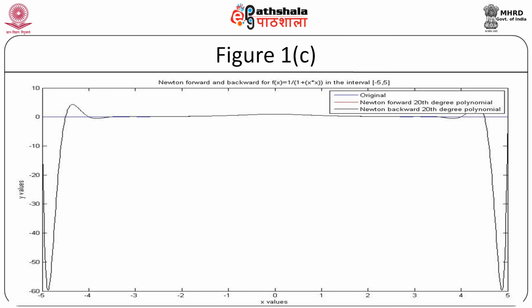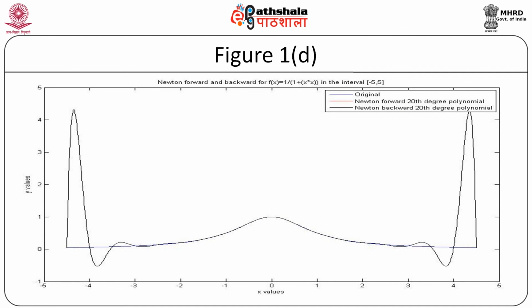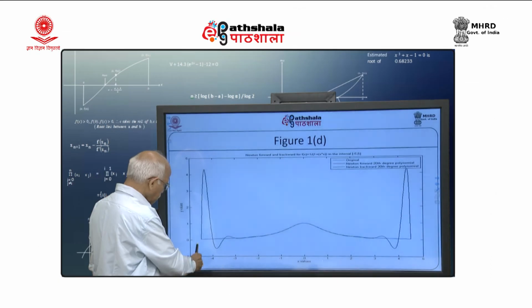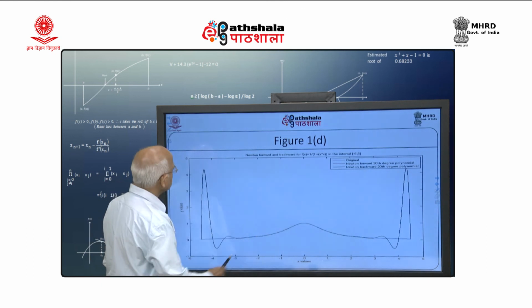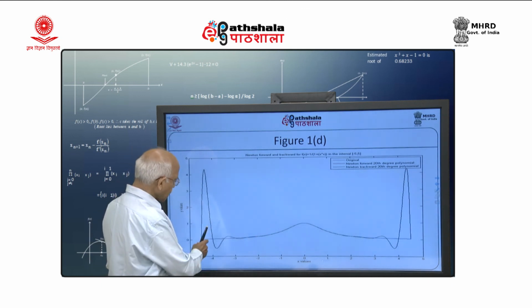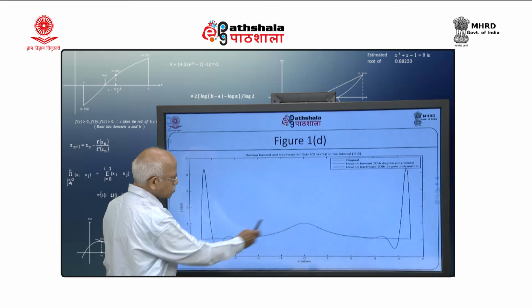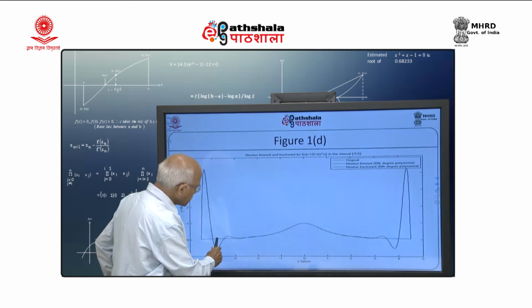So, what is happening here is that these errors are increasing in the end, and therefore we truncate this interval and try to look at what is happening here. If I truncate it by 0.5 on this side and 0.5 on the other side, that graph, when I look at the smaller interval, gives me a better picture.